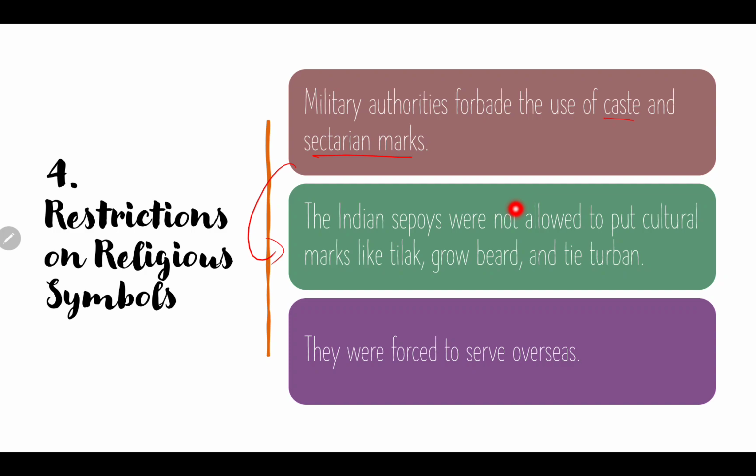So the Indian sepoys were not given any chance to wear things that would propagate their religion and customs. Those sepoys who opposed the policies of the company and their government were forced to serve overseas. They were transferred to overseas locations for service.